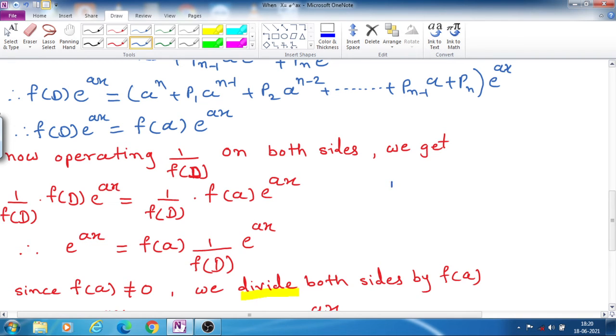Therefore the value of 1 upon f(D) into f(D), when this operates on capital X, is only X. That means 1 upon f(D) and this f(D), these are inverse operators and they get cancelled.